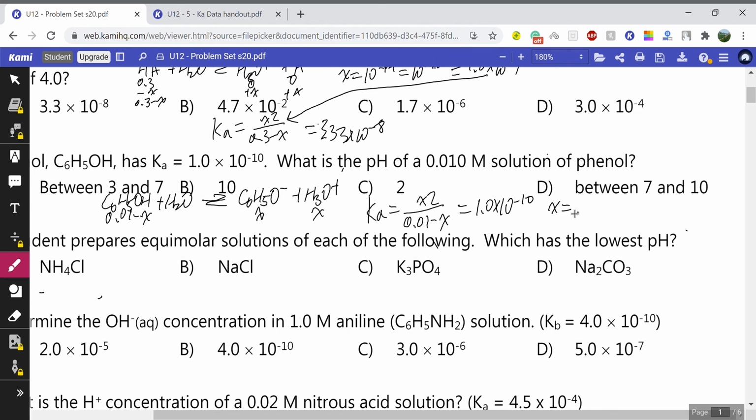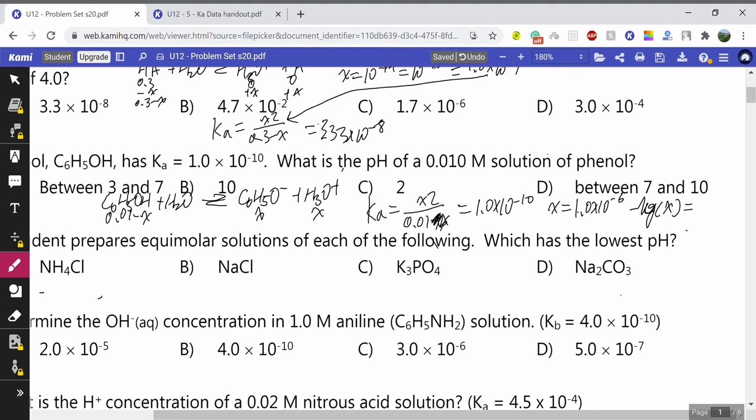We can find the pH as long as we find the concentration of H3O plus. Since the Ka value is so small, we can use the 5% rule to get rid of this minus x. In that case, we can just do 1.0 times 10 to the negative 10 times 0.01 and take the square root of that, which gives us 1.0 times 10 to the negative 6. Now x is the concentration of H3O plus, so if we take the negative log of x, that gives us the pH.